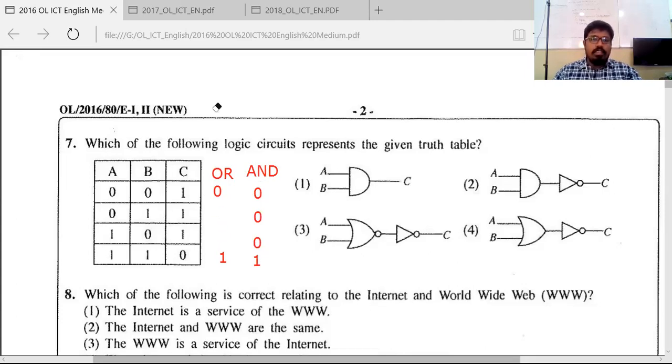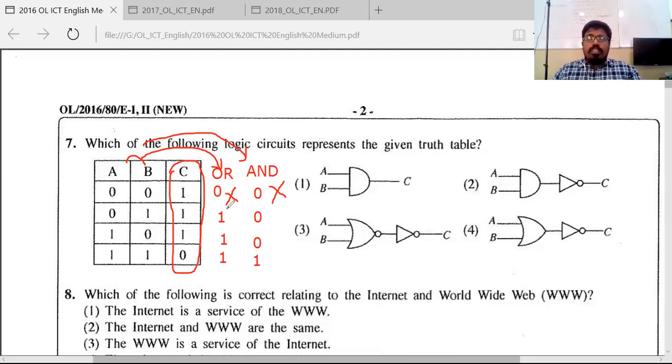Here it is OR gate, so you have to put 1, 1. So these are the expected results from A and B for the OR gate and AND gate. But when you consider the outputs they give, those are not matching OR or AND. So this is not the OR gate, this is not the AND gate. Why? The output is different.